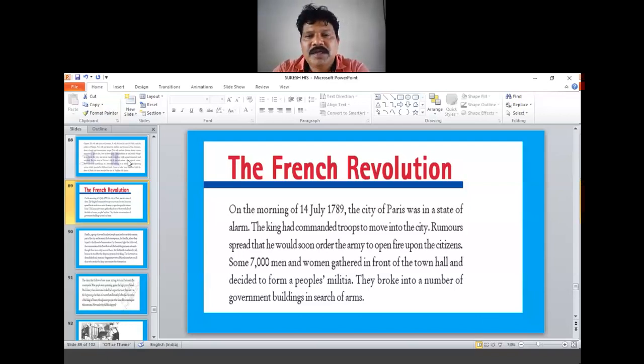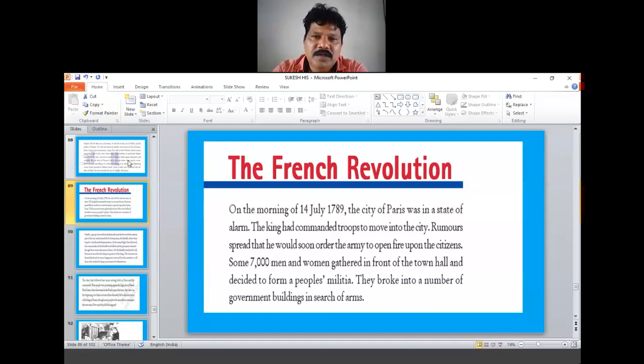But once the king was guillotined, don't think that France celebrated victory. Immediately, France went under the control of a person called Maximilien Robespierre. Who was Maximilien Robespierre? He was a leader of a club called the Jacobin Club.